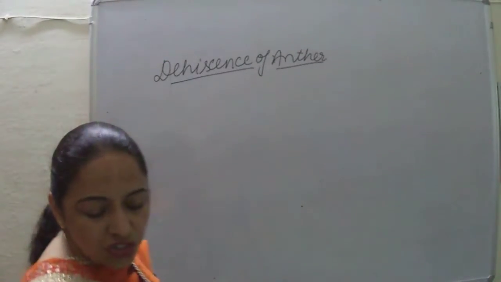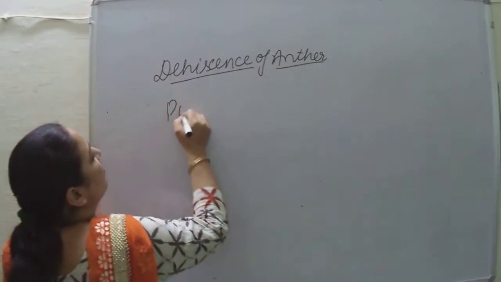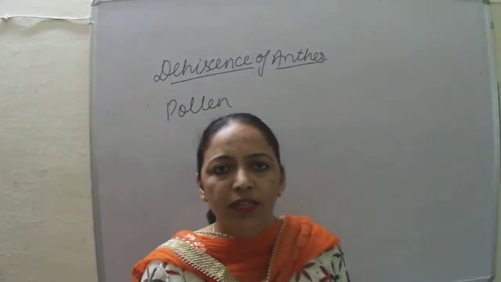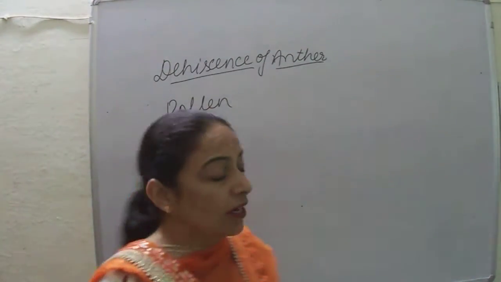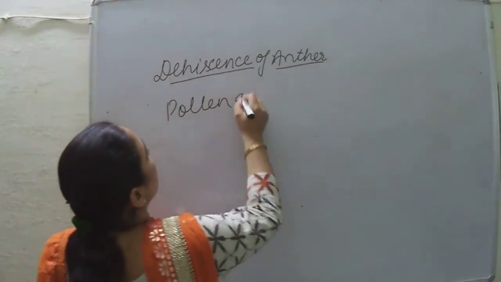Next is the structure of pollen grain. Now the pollen grains come out from the anther into the atmospheric air. What is the structure of the pollen grain?